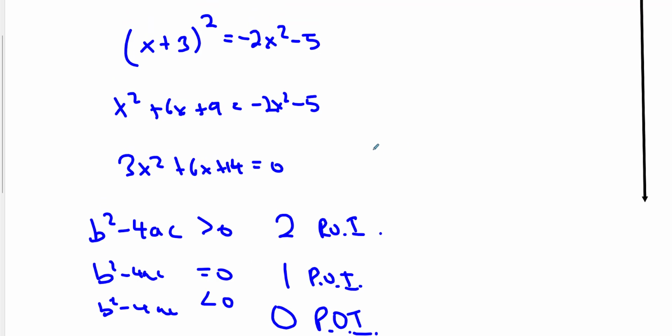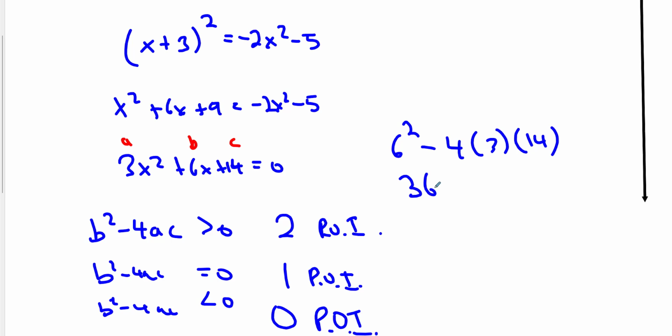So a is 3, b is 6, and c is 14. So plug them in. 6 squared minus 4 times 3 times 14. What do you get? 36 minus some really big number. 12.